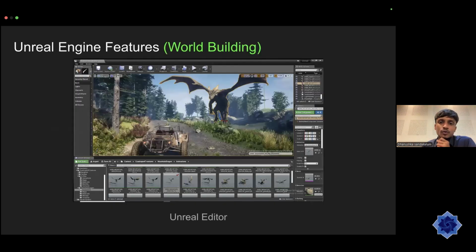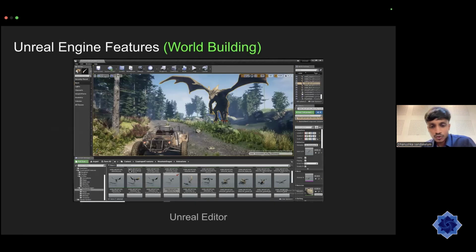So I will give you some insight about the features existing in Unreal Engine. This is the viewport, or the application overview of Unreal Engine 4. Unreal Engine 5 has a different interface, but this is the interface of Unreal Engine 4.